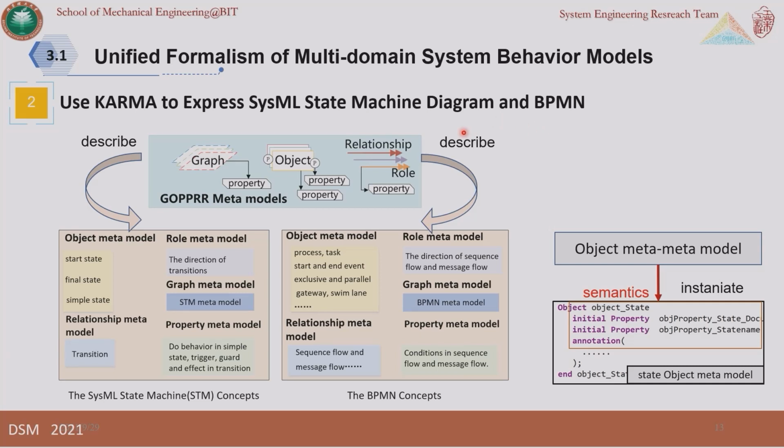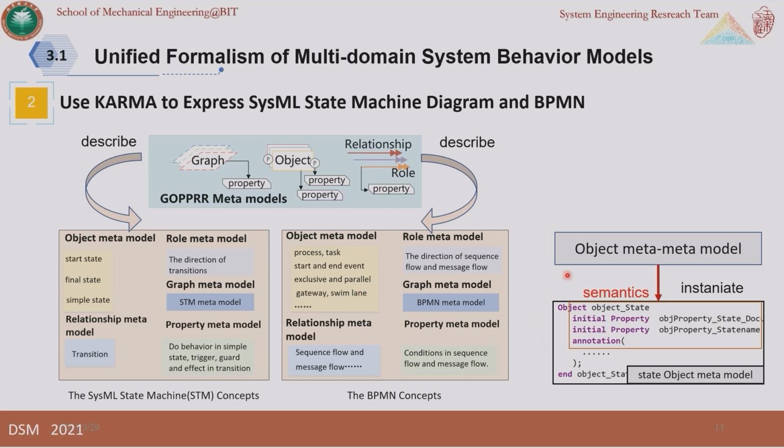Then we use Comma to express the UML state machine diagram and the BPMN. As shown in the left figure, different GeoPPR meta models are developed by Comma to support different concepts in STM and BPMN. For example, we can use the object meta models to express concepts such as start state and final state in STM, and process, task, start, and end events in BPMN.